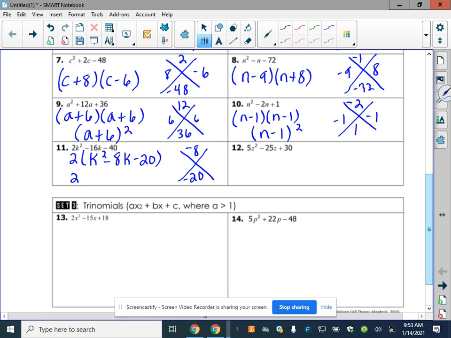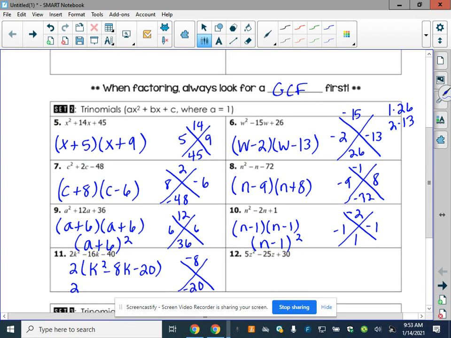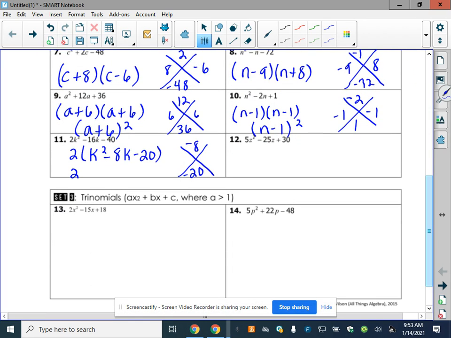So thinking back on problems 5 through 10, I'm going to do the same process. I want to know what multiplies to negative 20, adds to negative 8, which is negative 10 and 2. So I have to have that 2 now. It's part of the answer because that was my common factor. So it's 2, k minus 10, k plus 2.